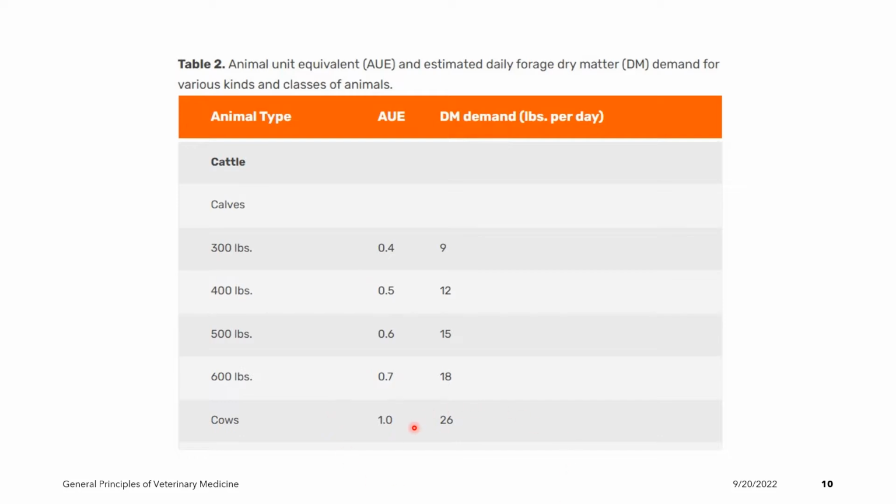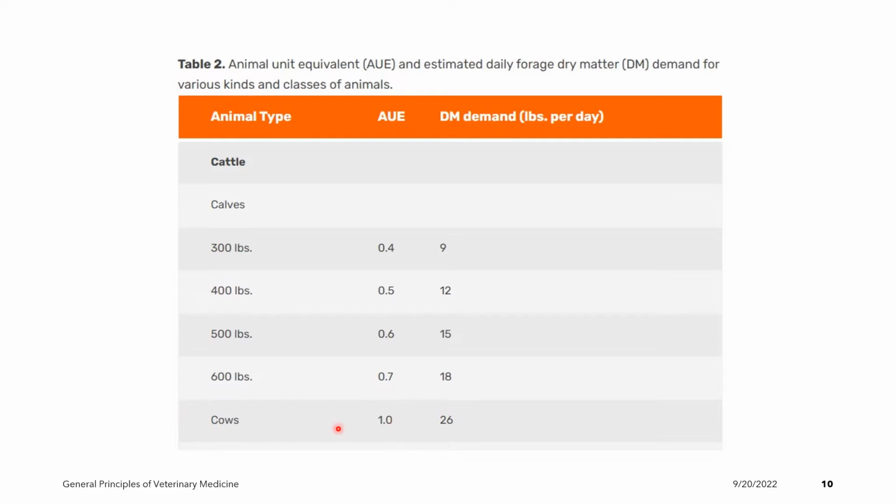Its dry matter demand is estimated at 26 pounds per day. How do we get 26 pounds? We just multiply the weight of our animal, 1,000 pounds, with the 2.5 to 3%, which is the animal intake in percentage on a dry matter basis.